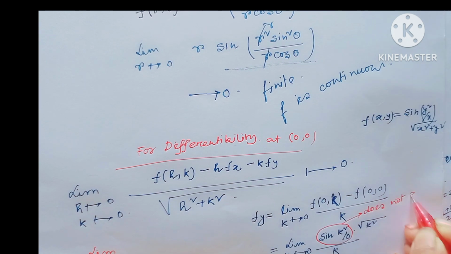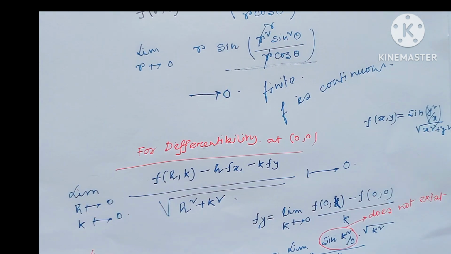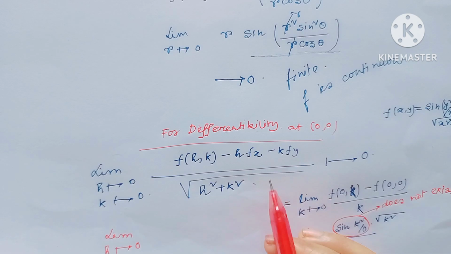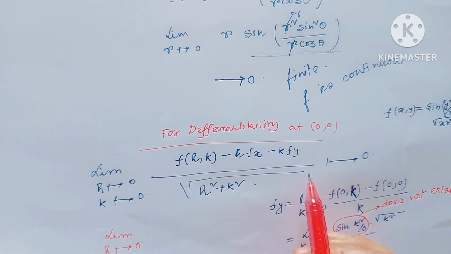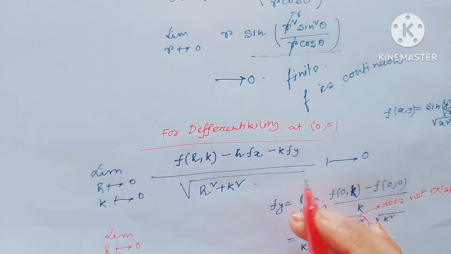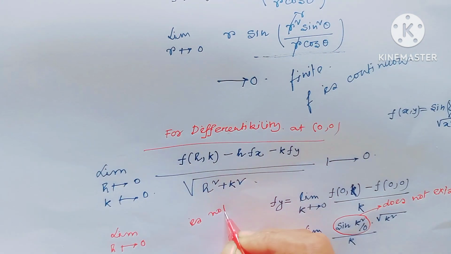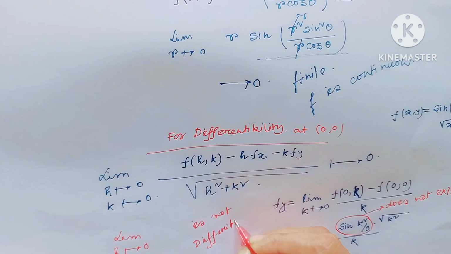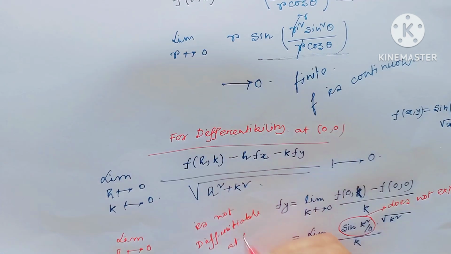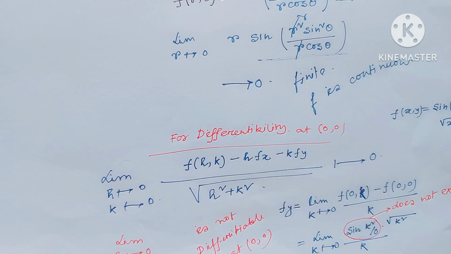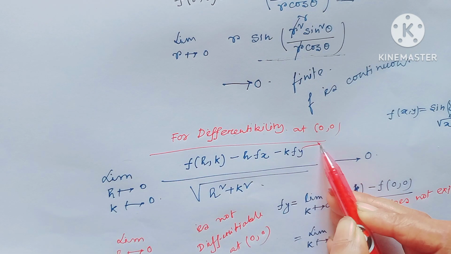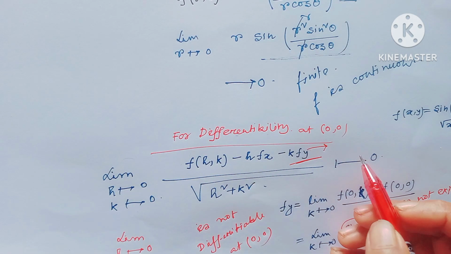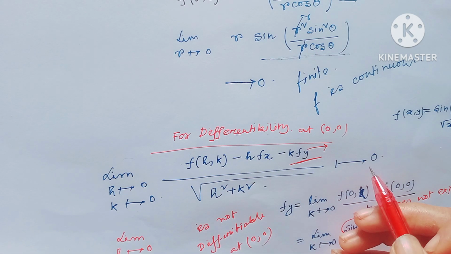Since the partial derivative with respect to y does not exist, we can tell the function is not differentiable at (0, 0). I hope all my viewers have understood.